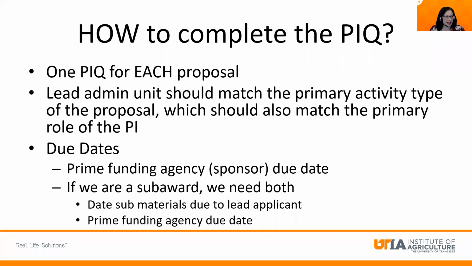Due date seems like it would be a simple question, but it can actually sometimes be confusing, particularly when we're a sub-award. So obviously, if we're applying to NSF, NIH, DOE, USDA, whatever, we need that due date for that project. We're going to know what that is, so we need to have that due date.